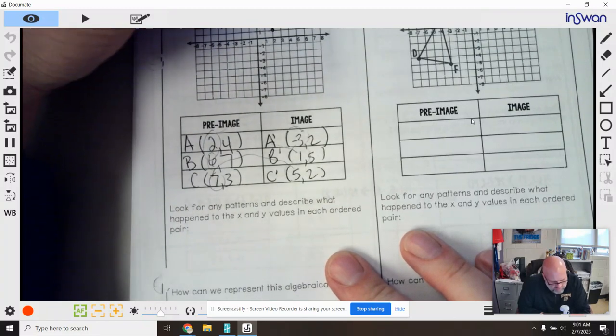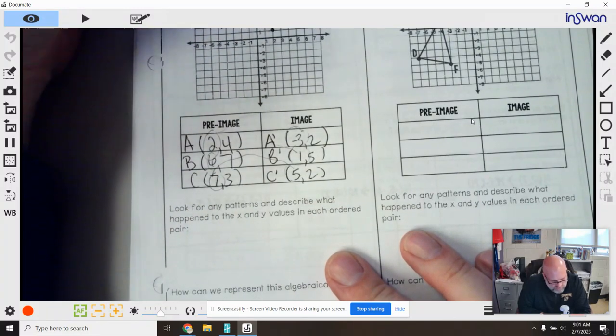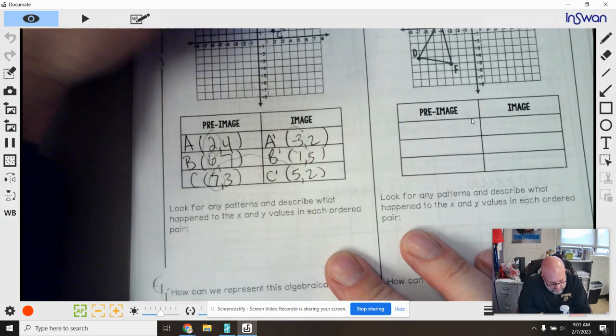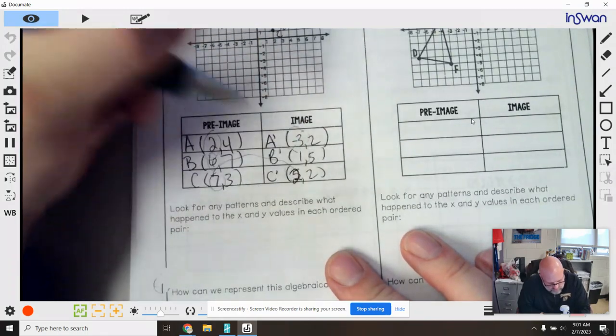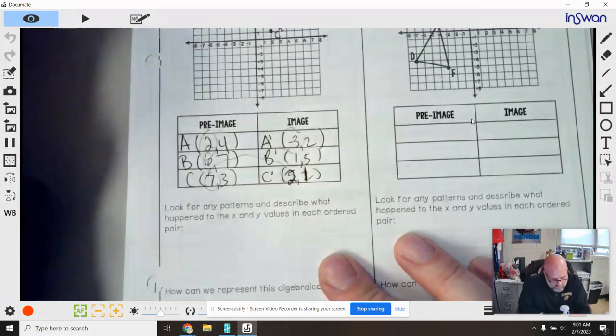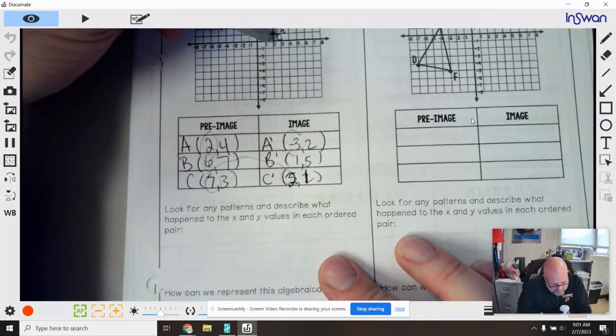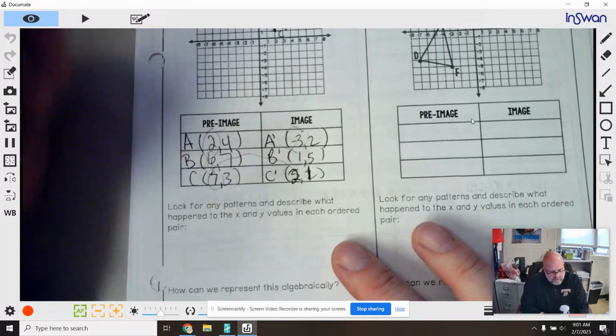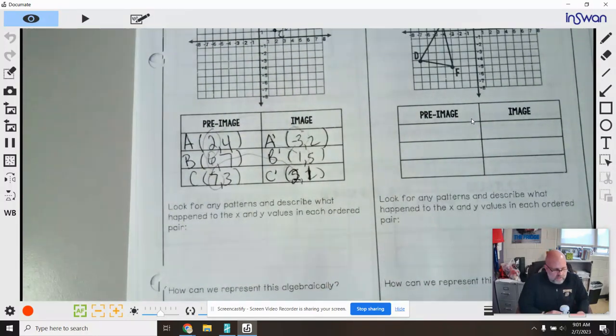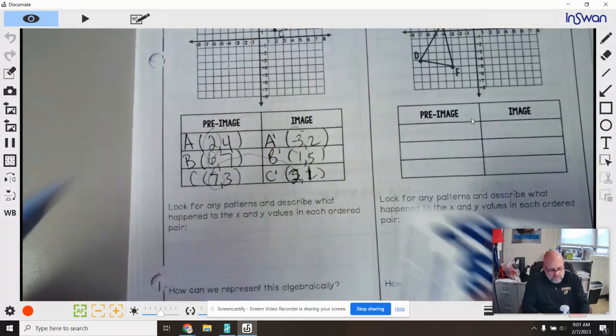Oops, I wrote that one wrong. So C prime, I don't know why I wrote that as that. That's 2, 1. So C prime is 2, 1 there. My mistake. If you look at everything that's happened there, when you move to the left, it's just gone down 5.